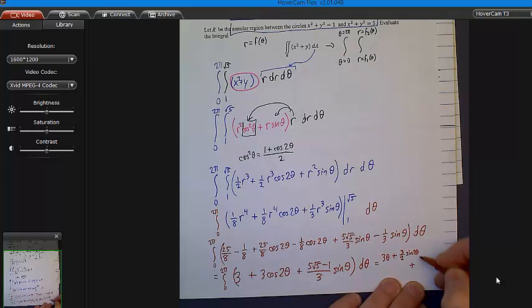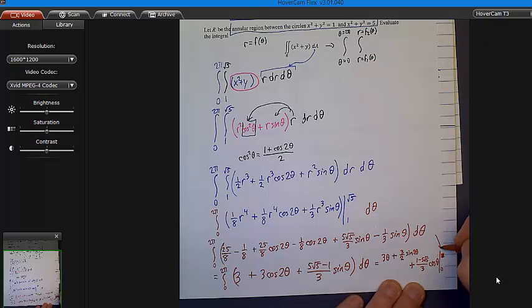Plus, and then I'm getting 1 minus 5 radical 5 over 3 cosine theta from 0 to 2 pi. That's a 2 pi. Hey, wait a minute. Are my limits of integration 0 and 2 pi?